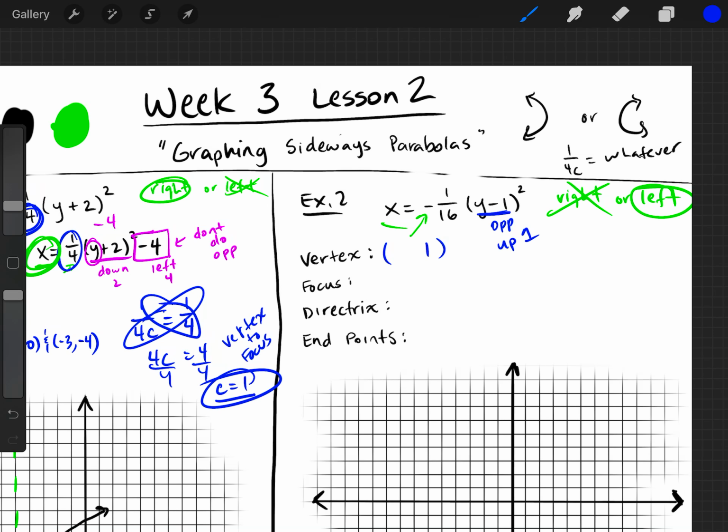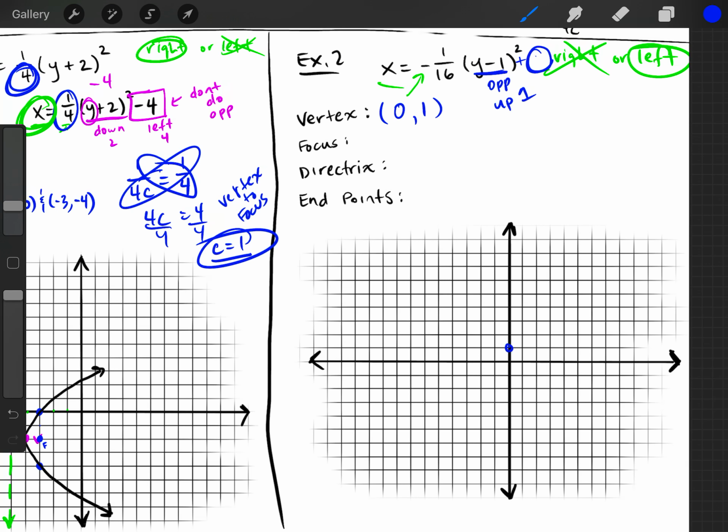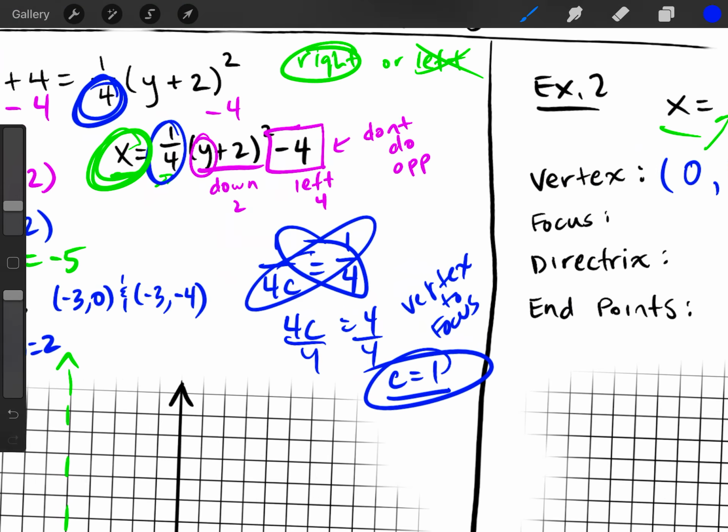All right, so we pop over to our vertex. We know our y value is a positive 1. We don't have anything attached on the end here. There's nothing there, which means it's 0. Think of that as a plus 0 right there. So our vertex is 0, 1. We can slap that on our graph and label it our vertex. We know it's opening to the left.